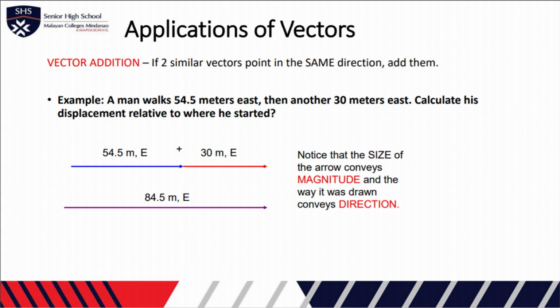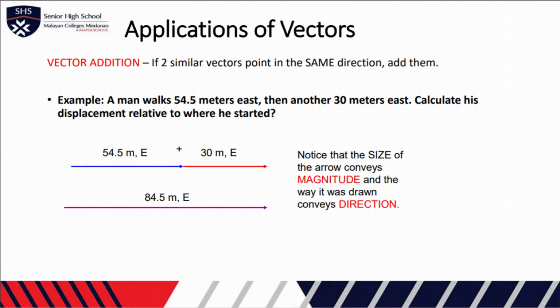You need to notice the size of the arrow conveys the magnitude, and the way it was drawn conveys direction. As you can see, the purple arrow is bigger than the blue and red arrows, as it has the same length as the blue and red arrows combined, because it is the summation of the two.